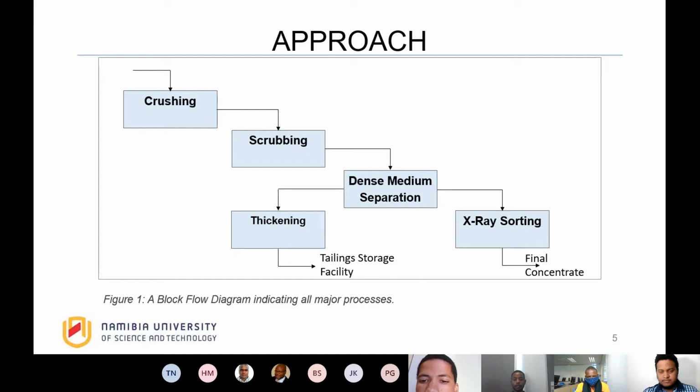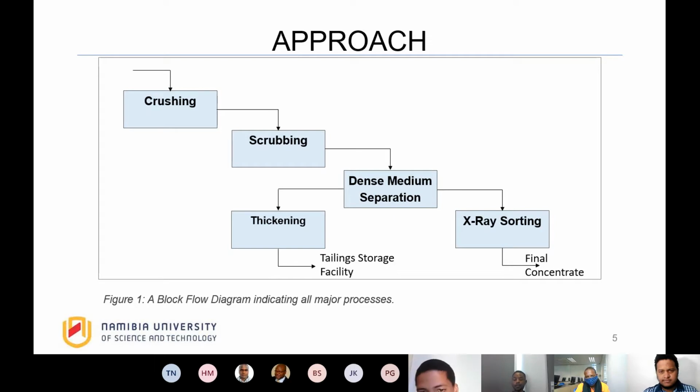The dense medium separation separates the materials based on their specific gravity. When it goes to recovery, we use X-ray sorting. This uses X-ray fluorescence, magnetic susceptibility, and crystallographic fluorescence.